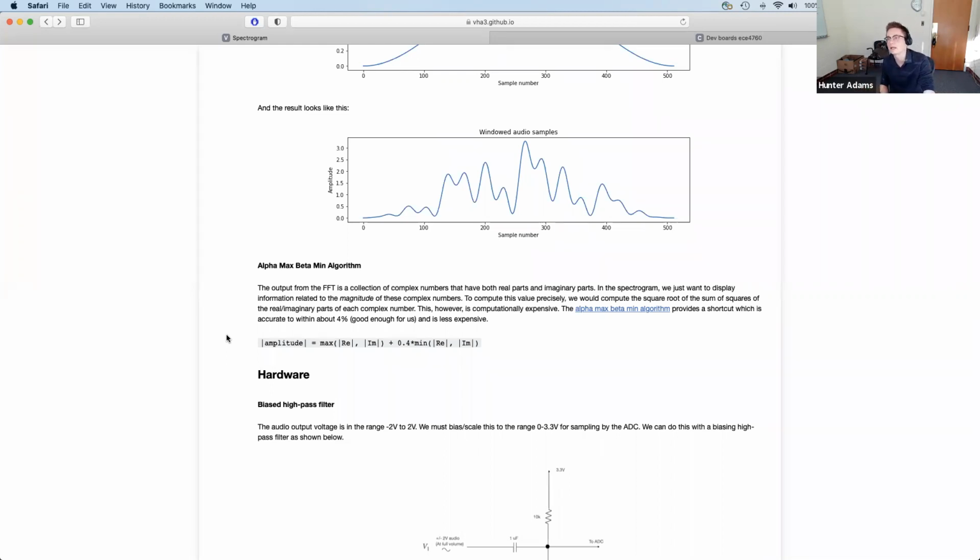So say you're sampling at 10 kilohertz, then the maximum frequency that you can resolve is 5 kilohertz. So it's going to be 5 kilohertz divided by the length of the array, which in your case is going to be 512. So you can do the math, and the amount of frequency that's contained within each of those pixels will change with your range setting.